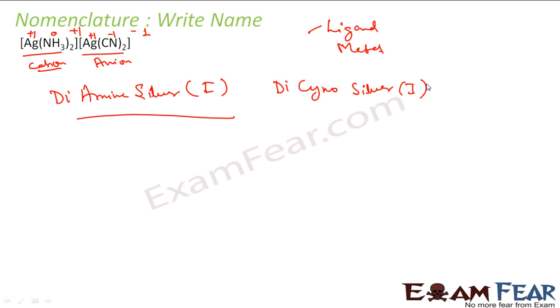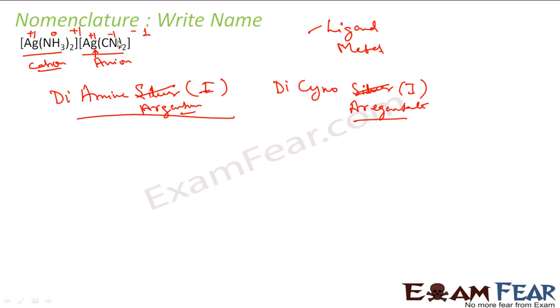Now, I told you that if my metal is part of a negative ion, then instead of the metal name I use the suffix -ate. So I can't use silverate, so I'll use argentate. Instead of silver I can use argentum also. Diammine silver(I), dicyanoargentate(I).